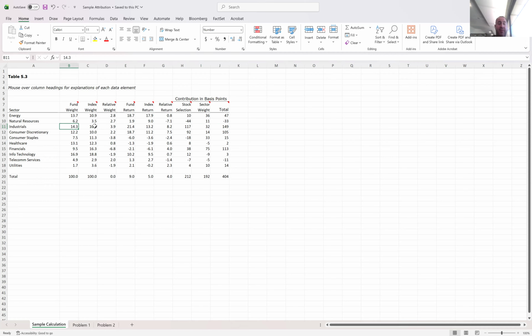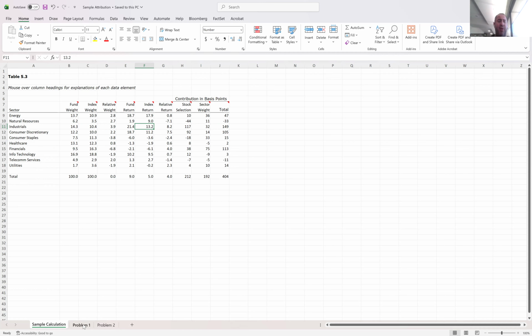They had a 14% weight versus the index. And the fund return was 21% versus the index return of 13.2. So this benefited from both an overweight to industrials, but in particular, the stock selection within that overweight. That's how we would define that.